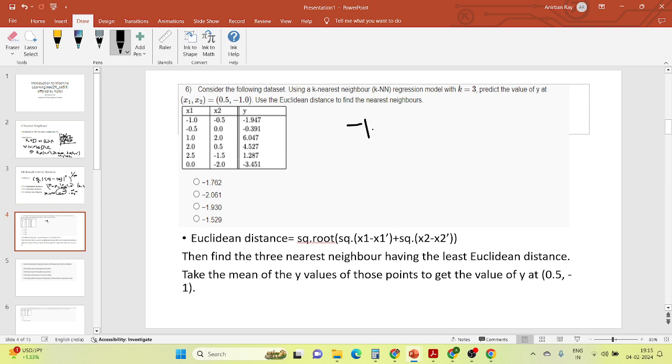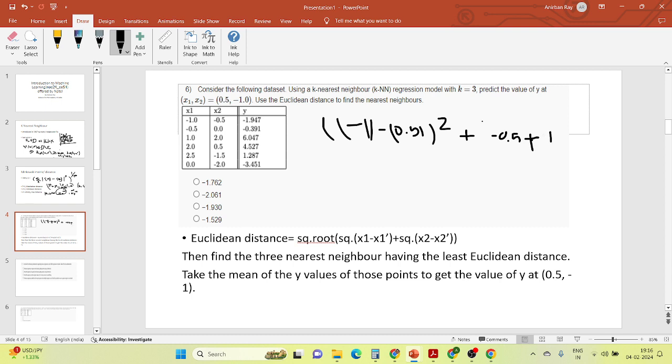Where are you getting y2 and y1 from? See, in each component there will be a subtraction. So for the first one it will be minus 1 minus 0.5, and the square of that, then plus minus 0.5, and for y2 minus y1 it will be plus 1.